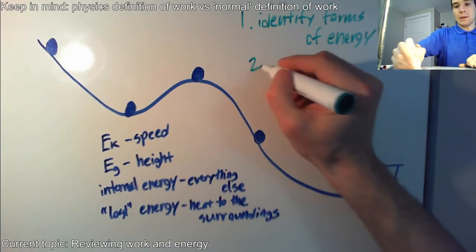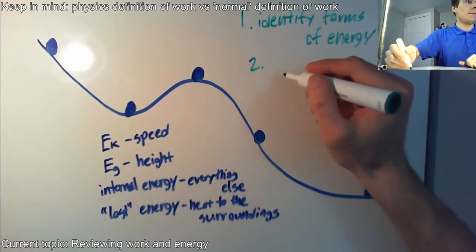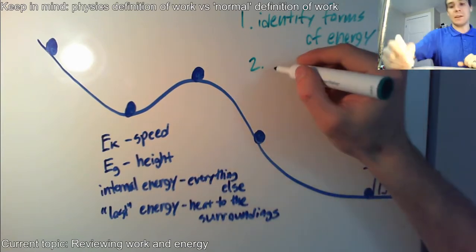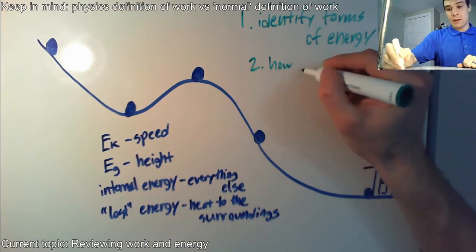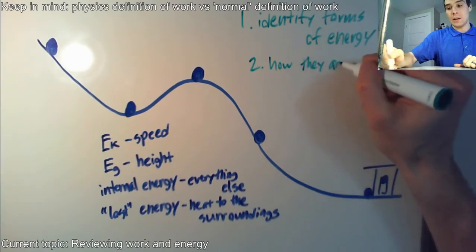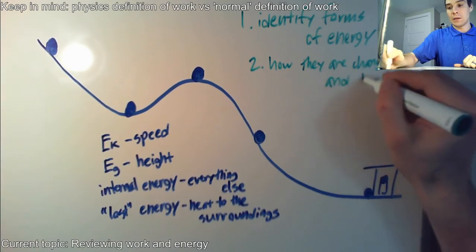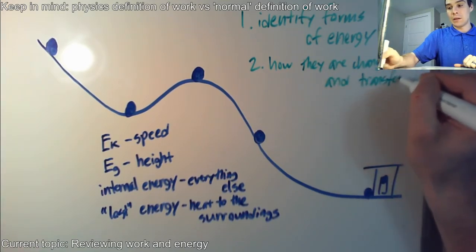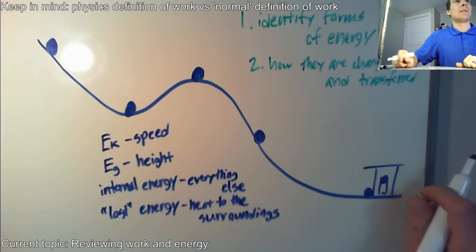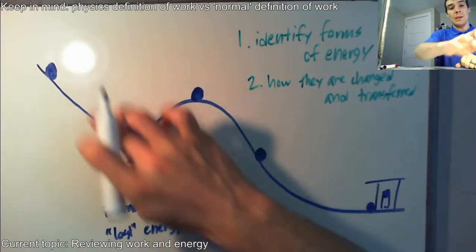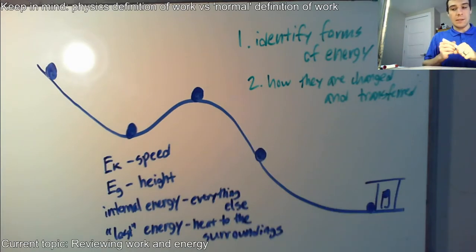And number two is how they are changed and transferred, during this sequence of events as the car coasts down the hill and comes to a stop. So, first question is, where does the car have the most energy?